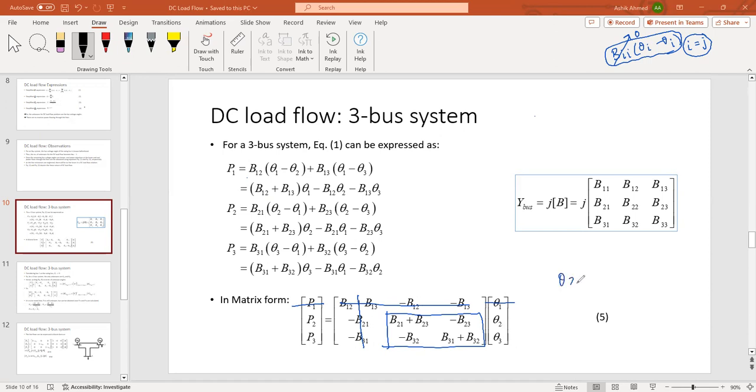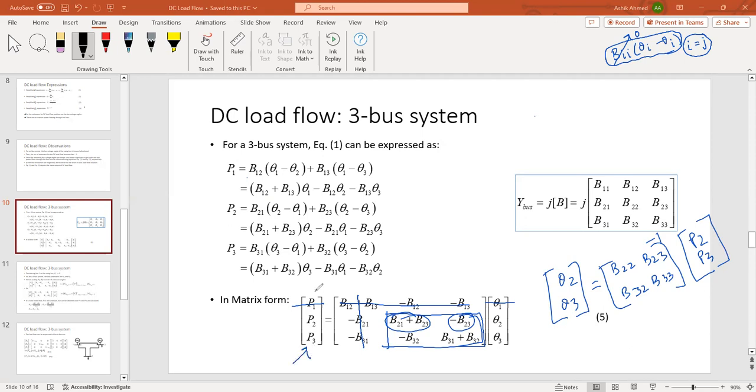So if we can find theta 2 and theta 3, just by taking it to the other side and inverting it, we will have B22, which is this one, B23, which is this one, B32, which is the same as B23, and B33. So the inverse of that multiplied by P2, P3.